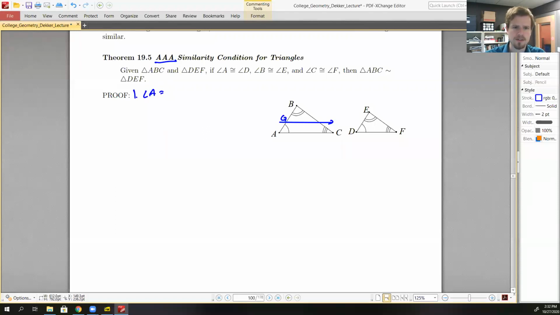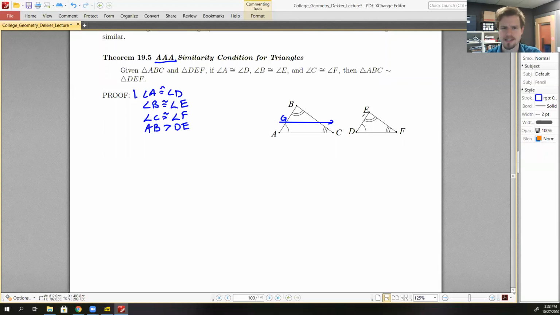So first, of course, the givens. Angle A is congruent to angle D. Angle B is congruent to angle E. Angle C is congruent to angle F. So those are the assumptions that we're making for the angles. The other thing that we wanted to do is assume that AB is larger than DE.